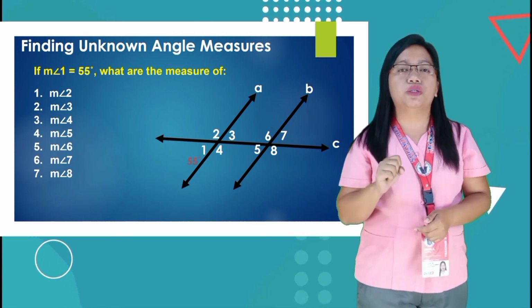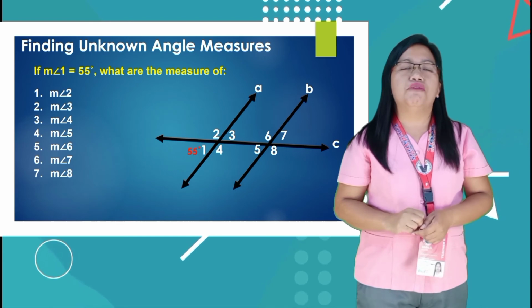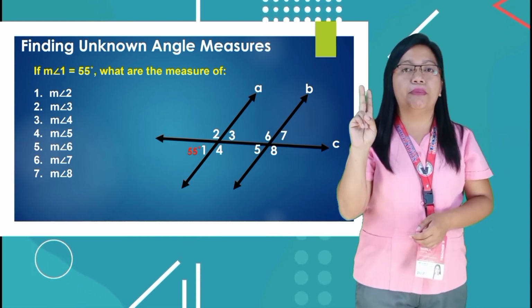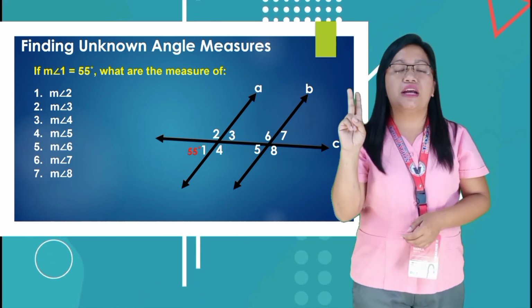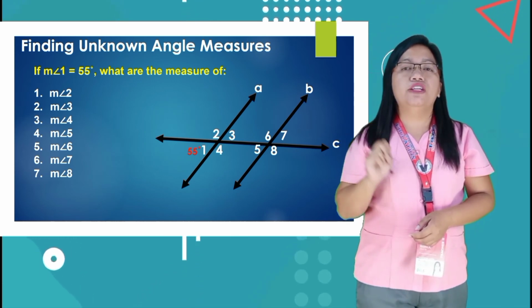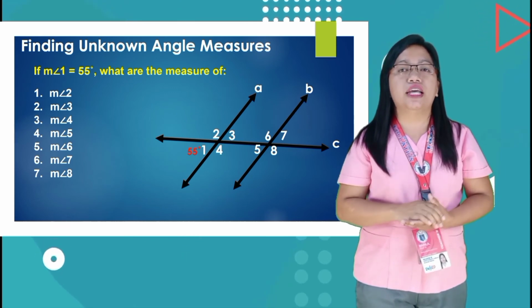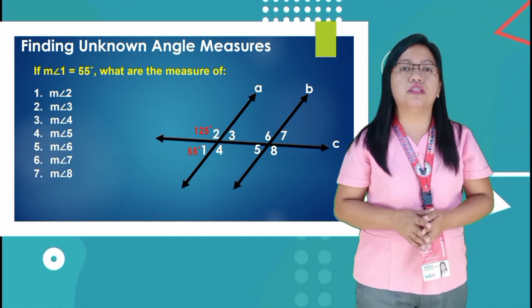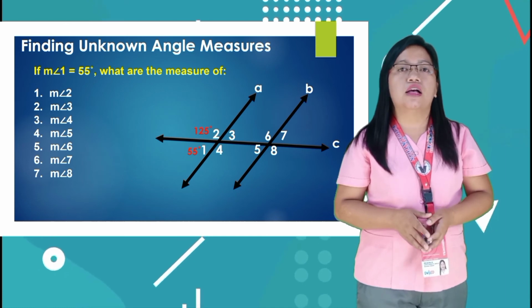What will be the measure of angle 2? If angle 1 and angle 2 are a linear pair, then they are supplementary. Therefore, the measure of angle 2 is equal to 180 degrees minus 55 degrees, which is equal to 125 degrees.